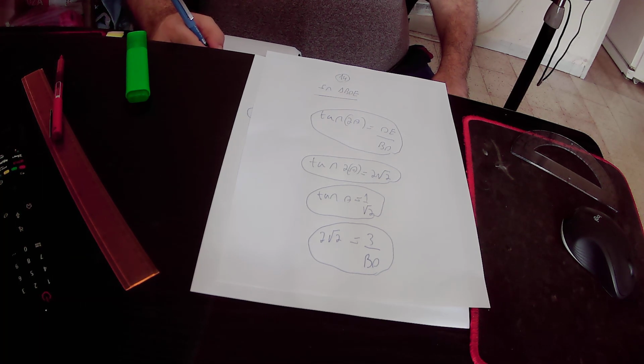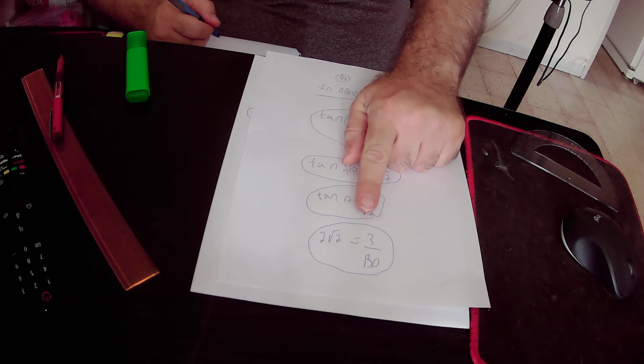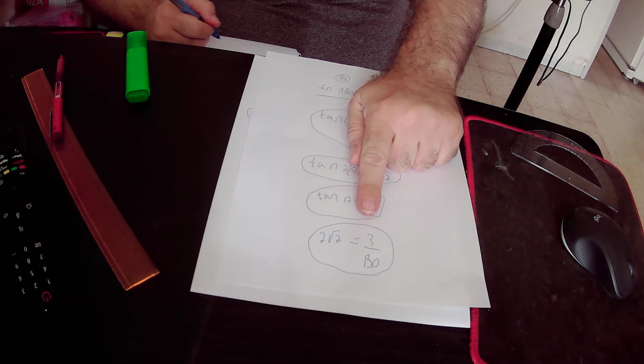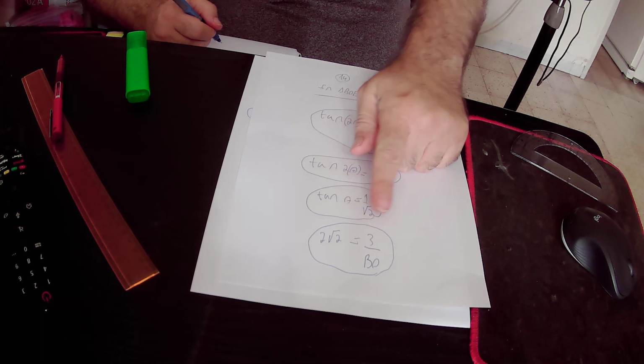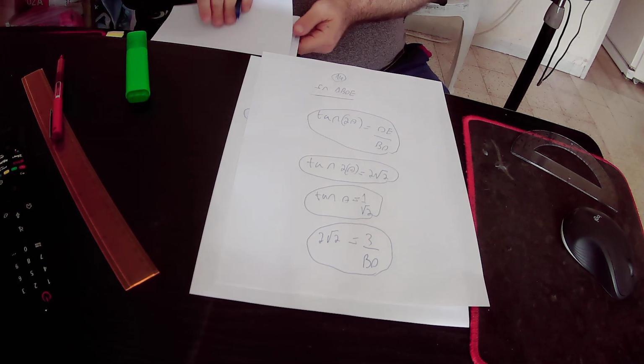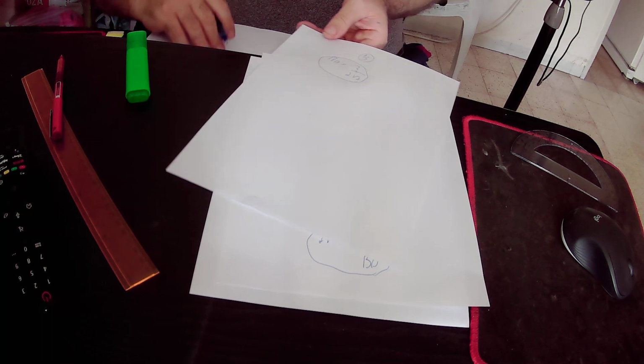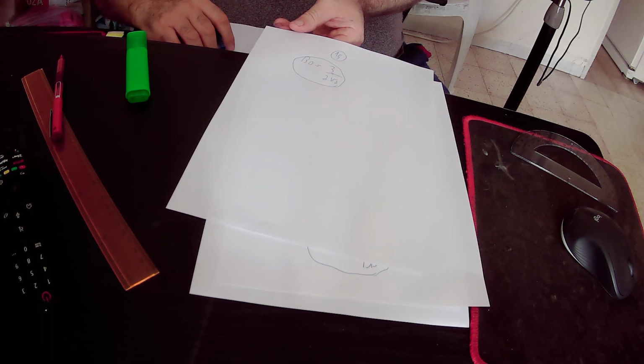BO will be equal to 3 times root 2, because here we will multiply this equality by BO and then divide it by 1 over root 2, and we will get the value of BO.